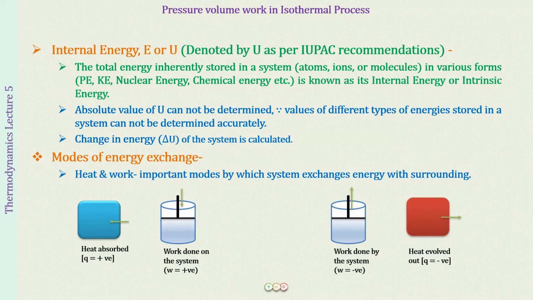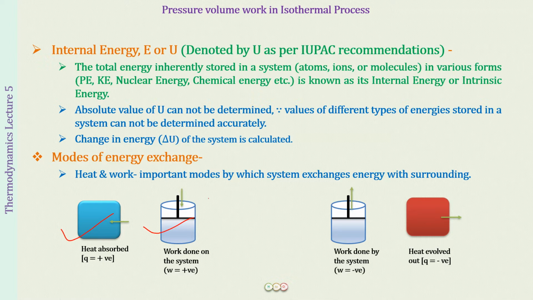So what this means is that in these two processes, when heat is being absorbed or work is being done on the system, the internal energy of the system is increasing.